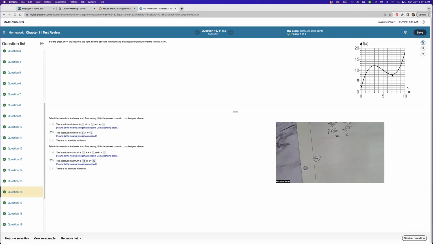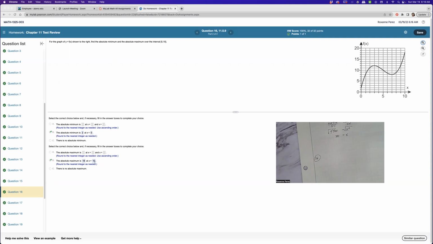We see, no, this is our minimum. Okay, within this entire domain, this is our lowest point, and that is going to occur at x equals 0, and our y value is 2. So the absolute minimum is 2 at x equals 0.